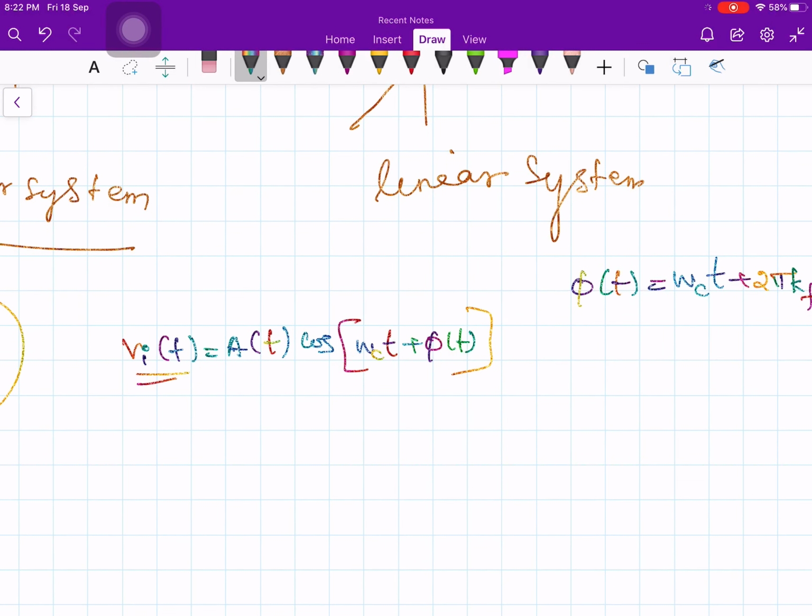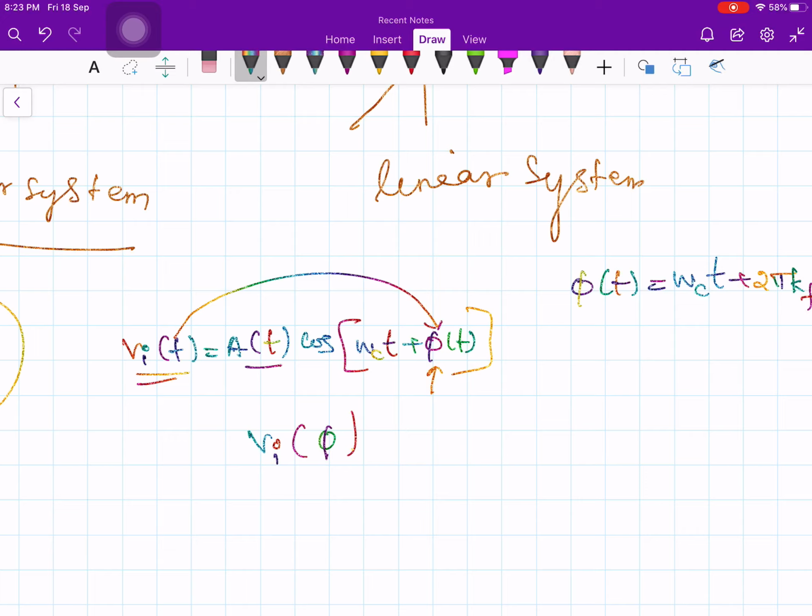We can think of the output now as a function of phi, not of time, because the input is a function of phi. So think for a moment that the input is not a function of time but a function of this variable phi, therefore Vi of phi.